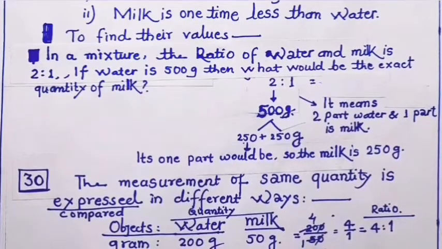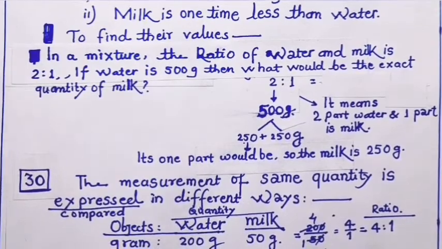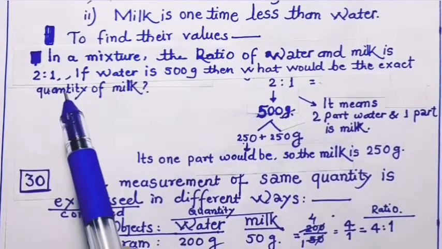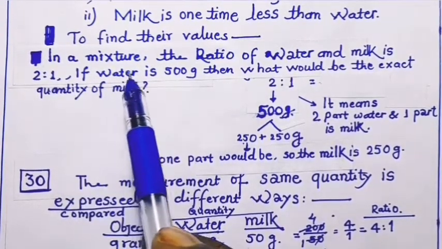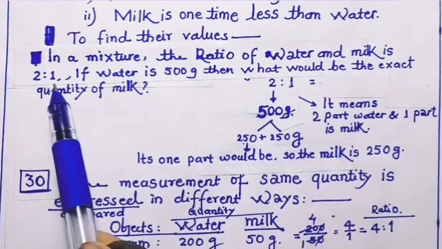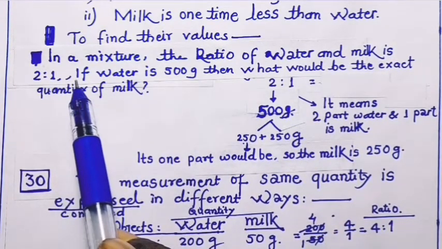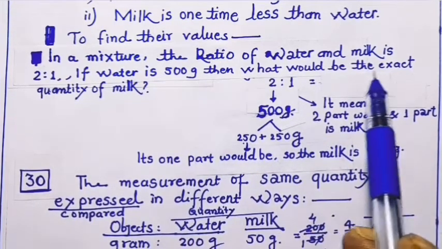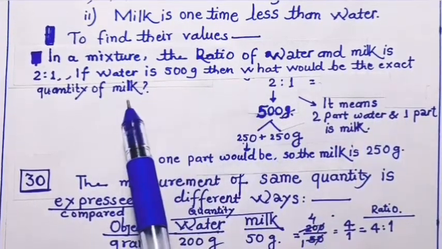Now we have to find the values of the objects. In a mixture, the ratio of water and milk is 2 to 1. If water is 500 grams, then what would be the exact quantity of milk?